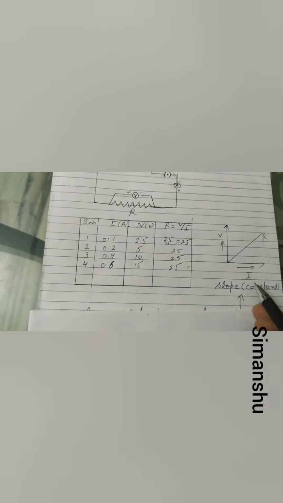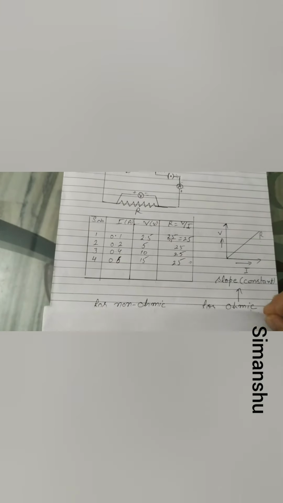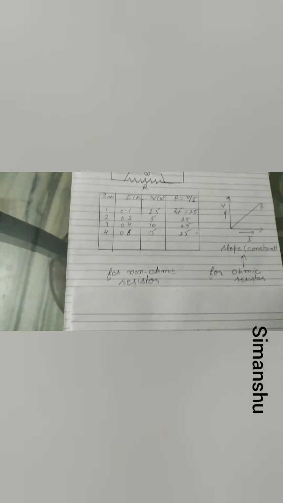So here the slope always remains constant for ohmic resistors. But for non-ohmic resistors, as I mentioned earlier, the slope can be of any kind instead of a straight one. When we calculate the value of slope, or delta V upon delta I, as we calculated earlier, at any 2 points, you can take different points and you are going to get different values at every point.